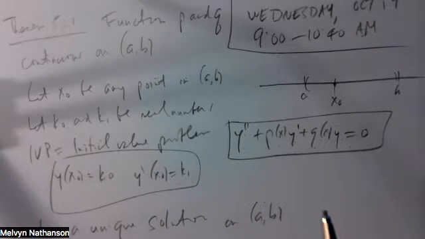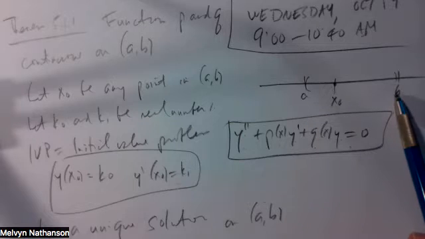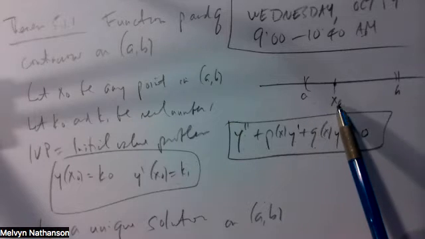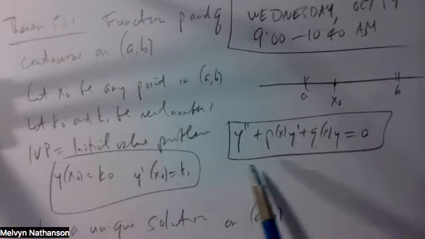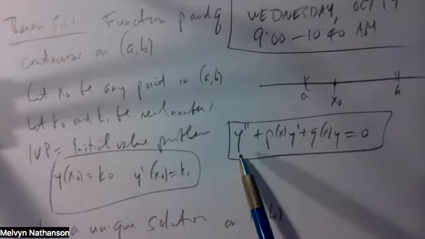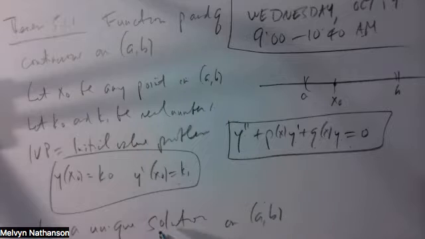That means so long as P and Q are continuous on the open interval from A to B, if you take any point x naught in the interval and any numbers k naught and k1, the initial value problem, first of all, has a solution. A solution exists, and it has only one solution. The solution is unique. So this is the fundamental theorem that we're using.